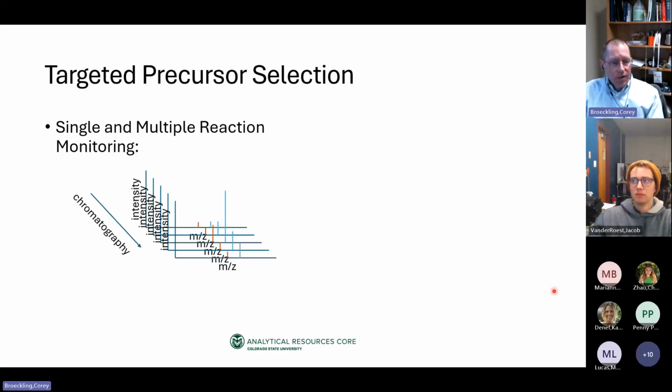So in targeted precursor selection, this is the type of application that we would use in a multiple reaction monitoring experiment, or single reaction monitoring experiment, on a tandem quadrupole instrument. The way this generally works is we tell the instrument in advance that we're looking for that green precursor ion, and we're now monitoring two product ions, a blue one and a brown one.